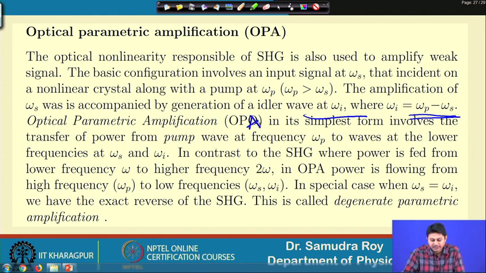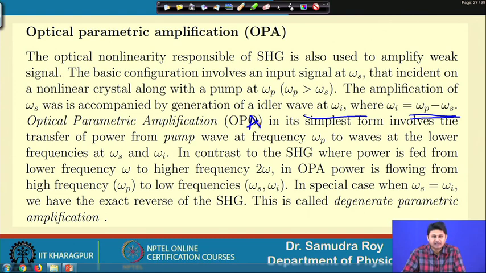In its simplest form, it involves the transfer of power from the pump wave at frequency omega p to waves at lower frequencies omega s and omega I. So, that means I launch omega p and omega s, omega I is generated inside the system, and the pump is going to amplify.